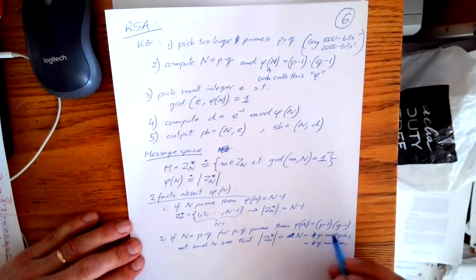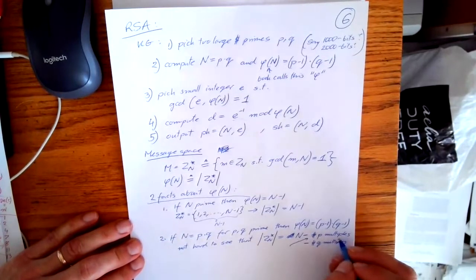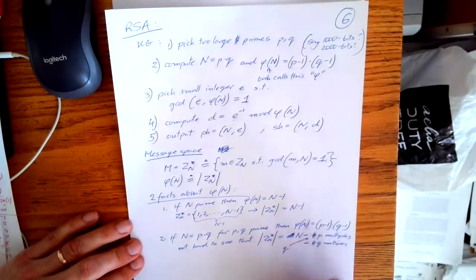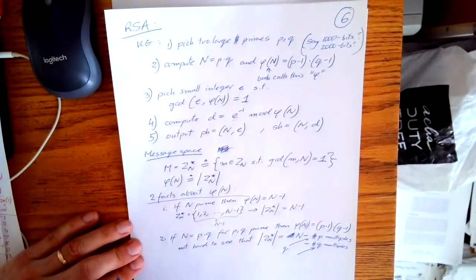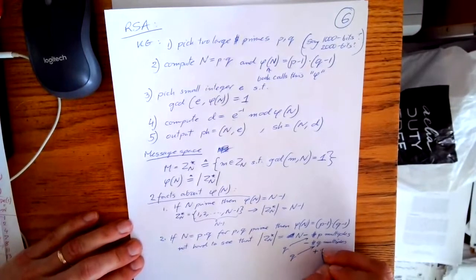But you are overcounting if you do this. How many multiples of p are there between 0 and pq? q of them. And how many multiples of q are there between 0 and pq? p of them. But you're overcounting. There is one common, it's 0. It's counted twice in here.